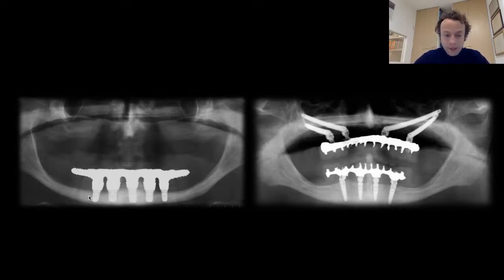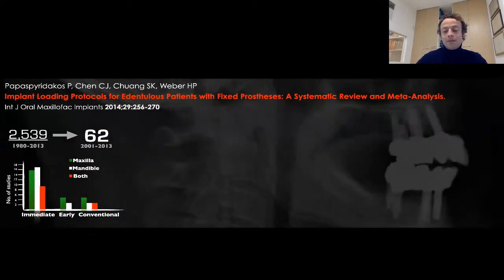And so in this situation where we work only in basal bone, of course we have a primary stability that is really high immediately. And so just to explain to you the situation in terms of implant placement.